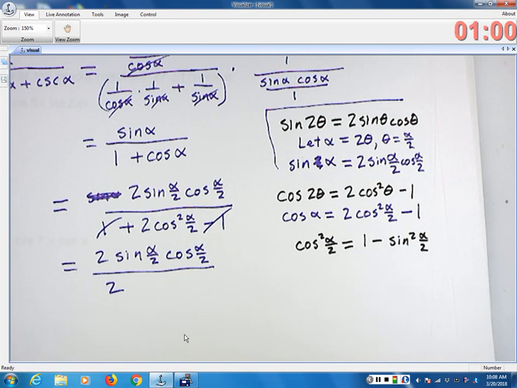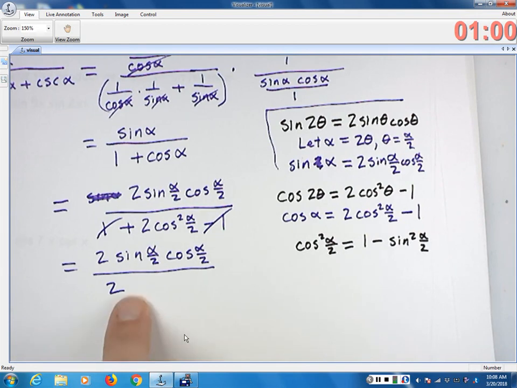I can get back to you on it. Did I use cosine alpha over 2?